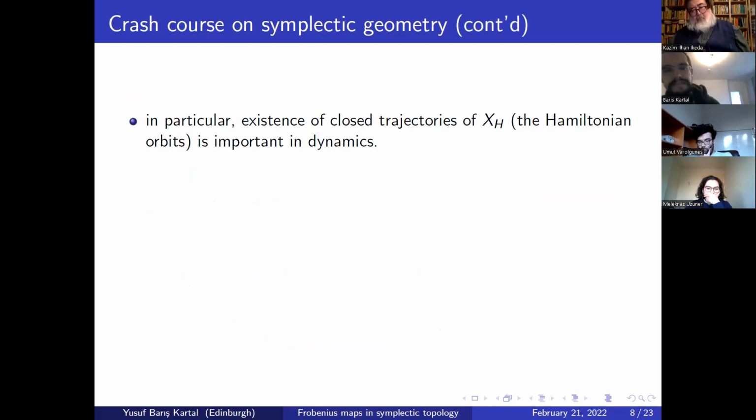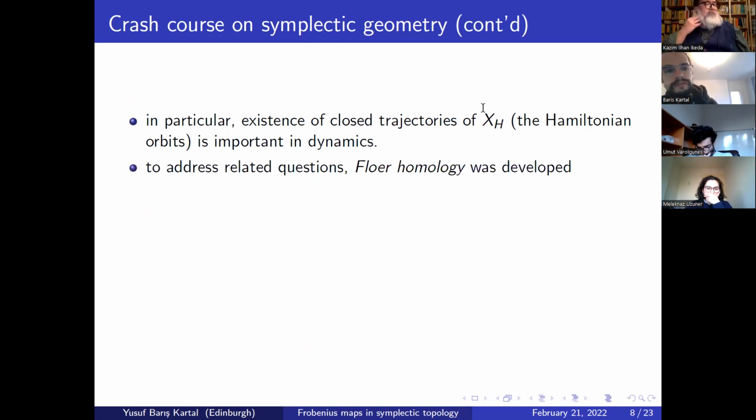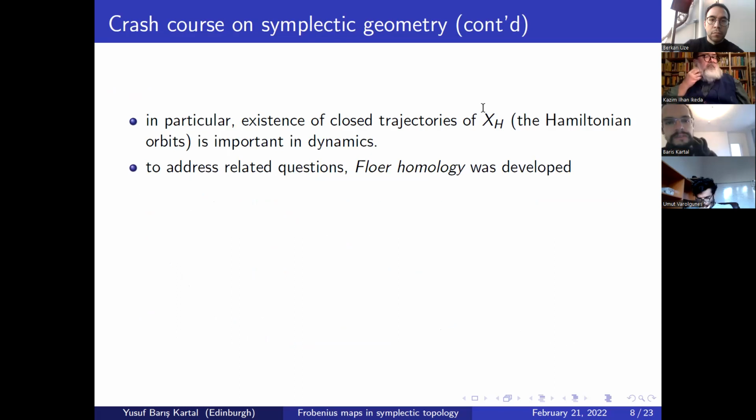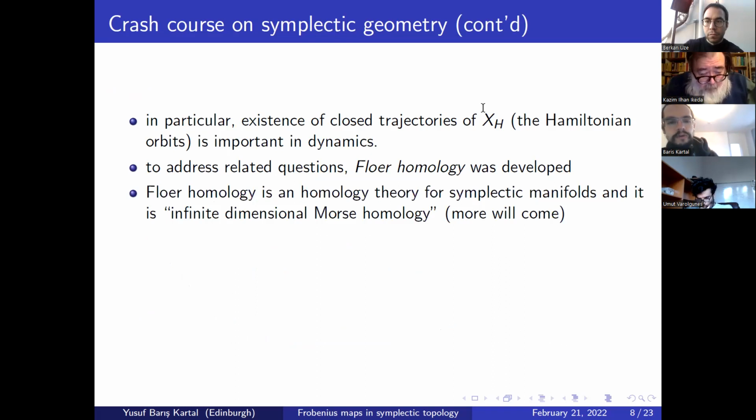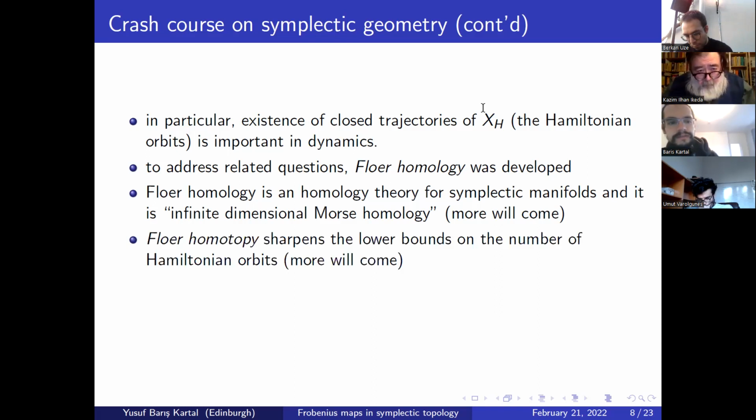In particular, the existence of closed trajectories of the Hamiltonian vector field is important in dynamics, and lots of tools have been developed for this. To address related questions, Floer homology was developed. Floer homology, a homology theory for symplectic manifolds, is an infinite dimensional analog of Morse homology. Floer homotopy theory is not as new, but has found more recent interest, and it can be used, for instance, to sharpen the lower bounds on the number of Hamiltonian orbits.